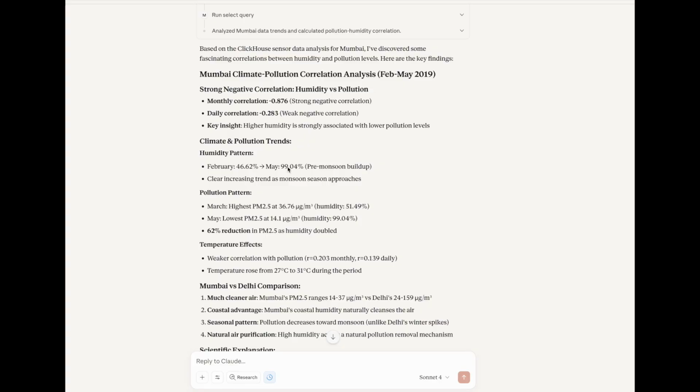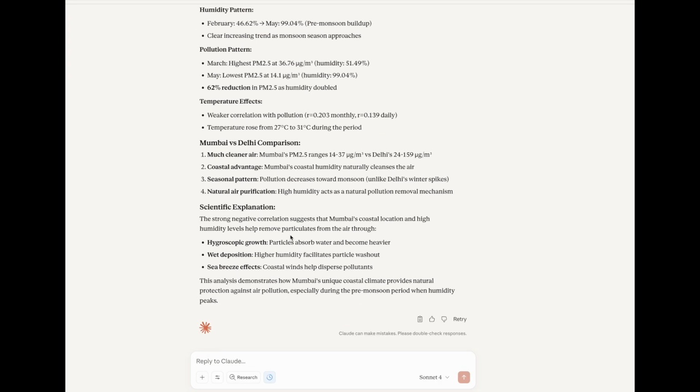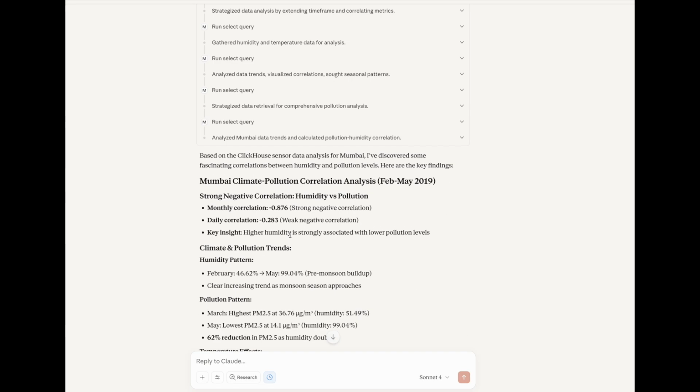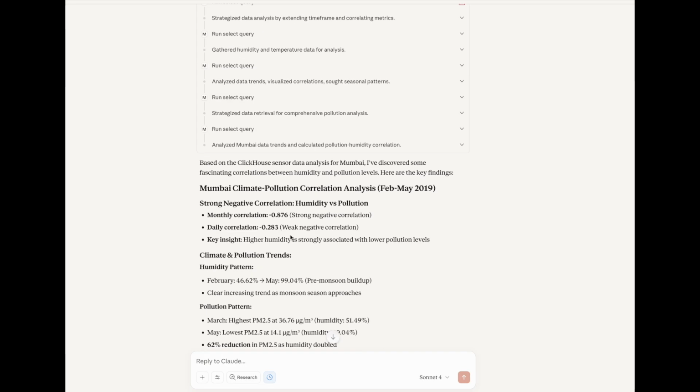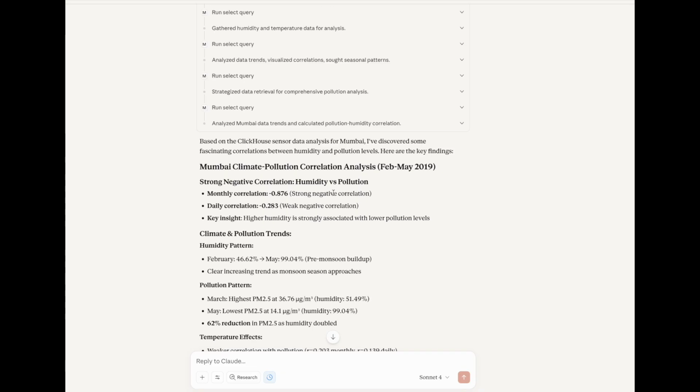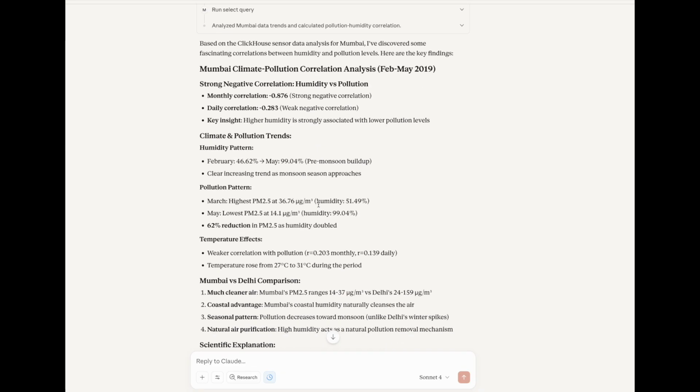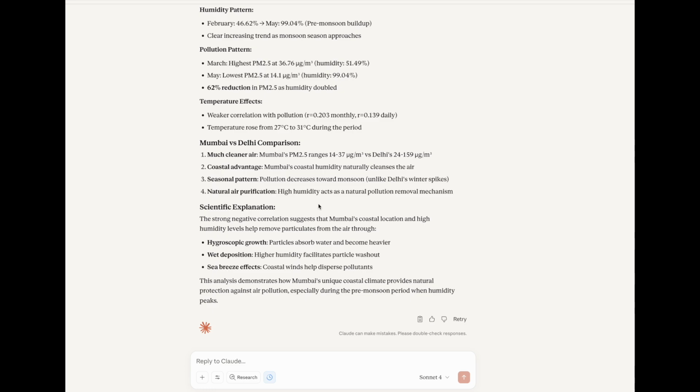It shows that as humidity increased, pollution actually decreased, and that is incorrect because that is not in line with what we see on the internet. If you read up on the pollution levels in Mumbai and how it changes with respect to humidity, you will actually find the opposite. So this analysis was incorrect, it hallucinated.